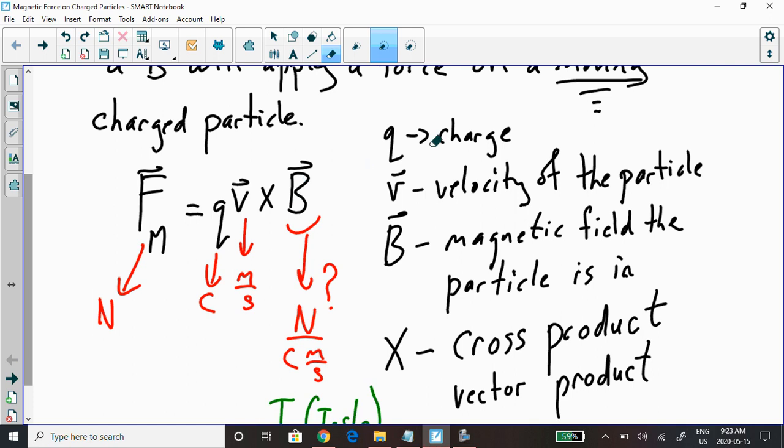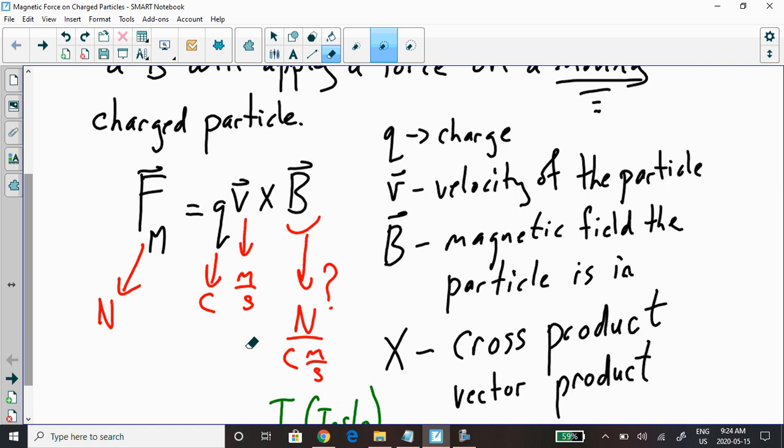So q is a charge, v is the velocity of the particle, B is the magnetic field that the particle is experiencing, and the particle is in this magnetic field. That big X right there is known as a cross product or a vector product. Goes by both names. I think you're familiar with this perhaps in your vectors course.